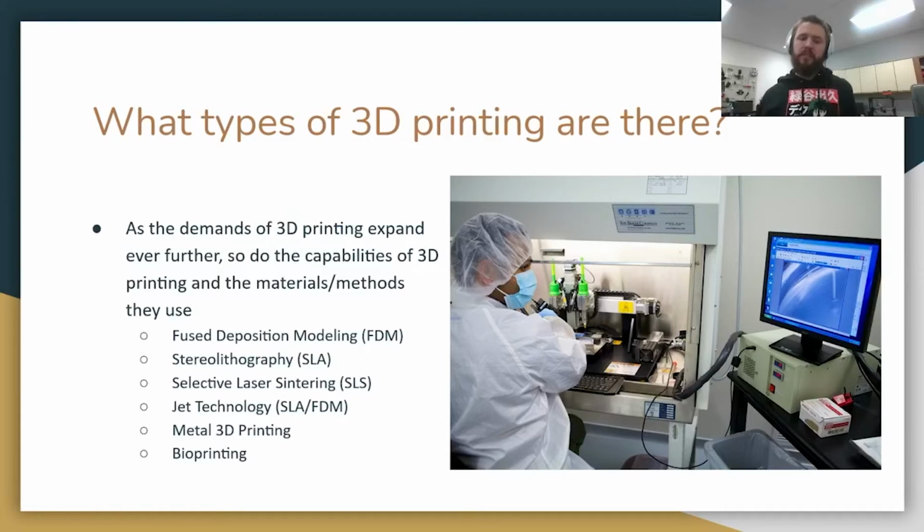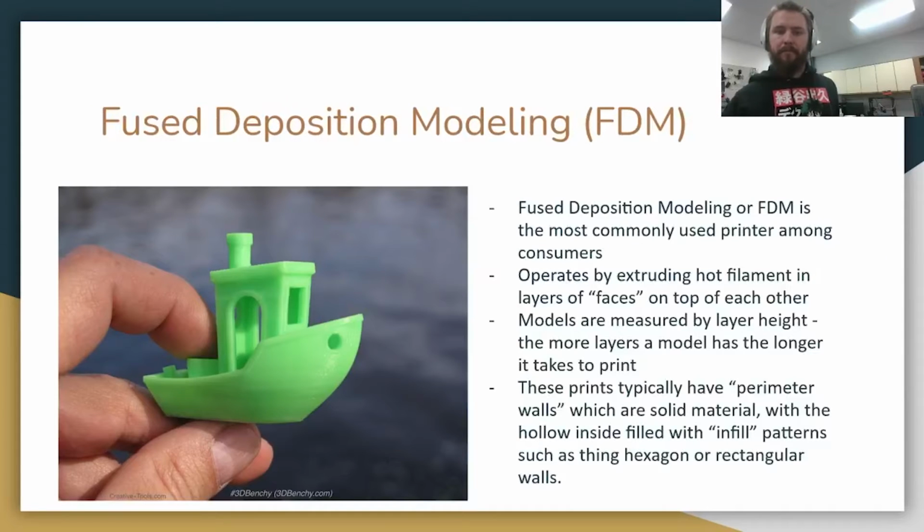There's also selective laser sintering, SLS, jet technology, SLA/FDM, which is kind of like a mix of the two. Metal 3D printing, which we'll talk about, and what you see happening in this picture, which is bioprinting, or printing tissue material, which we'll also talk about in a bit.